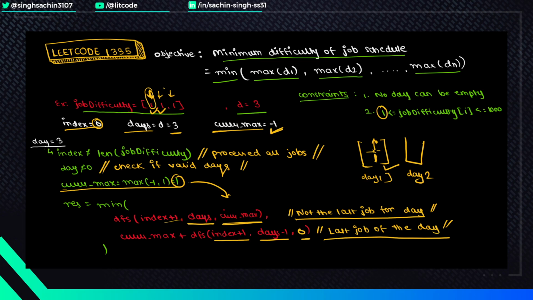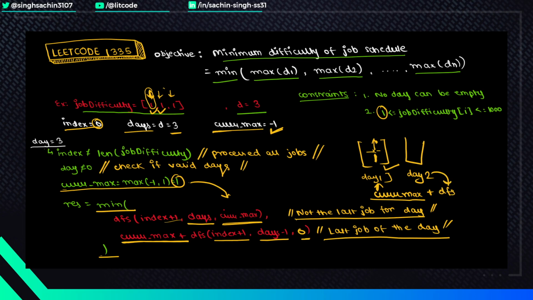So this is possible. Now, to minimize that, what we are looking at is, if you see this part, why we are adding current max is because if my day ended, I of course know what was the current maximum, right? So I want to take that and add that value in the result of the next recursive call.